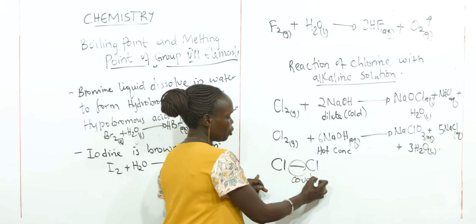A single electron of this chlorine with the other one will join together to form a covalent bond, and this makes them behave as diatomic molecules. So at room temperature they form diatomic molecules by combining two single atoms together.